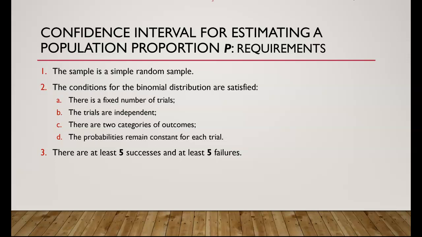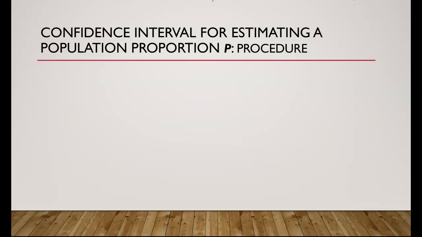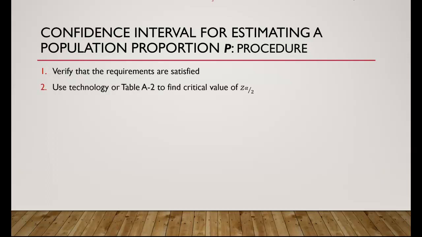Let's go over the steps for constructing the confidence interval manually, and then I'll show you how to build the confidence interval using StatCrunch and TI-84 graphing calculator. First, no matter what technology we use, we need to verify that the requirements are satisfied. We will use StatCrunch or TI-84 graphing calculator or table A2 to find the critical value z alpha over 2.